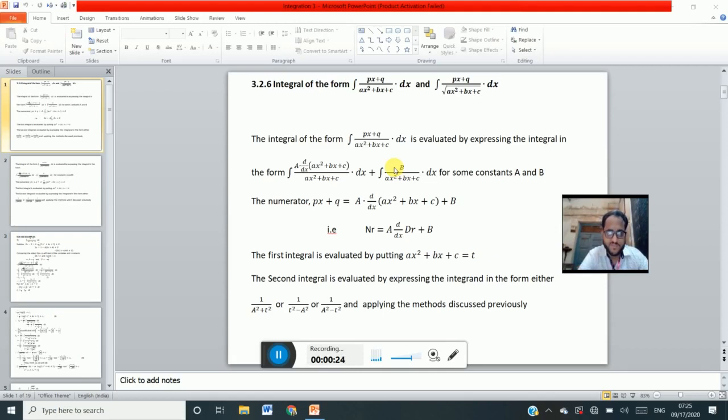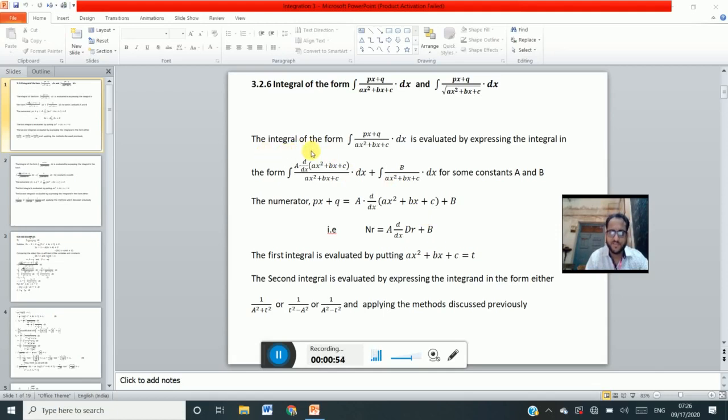Right, now see the next type of integration is integral of the form px plus q upon ax square plus bx plus c, or px plus q upon root ax square plus bx plus c. So if the function is given in this standard form, we have to follow these steps to evaluate the integral. Which steps do we have to follow here?